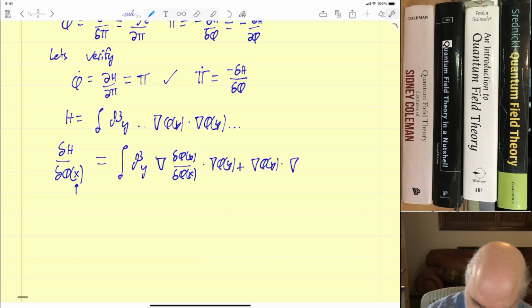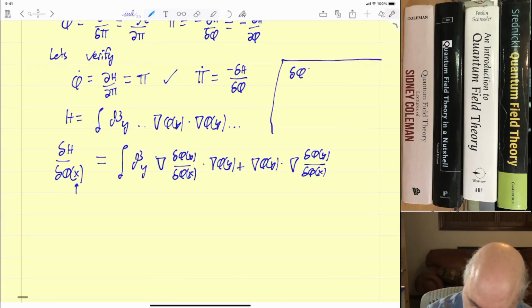So this is like standard manipulations of calculus, except for one thing. And that is, you have to know this basic rule that for functional derivatives, del phi(y) over del phi(x) is equal to the usual delta function. I'll write it with a 3.